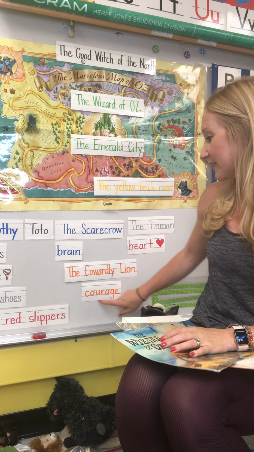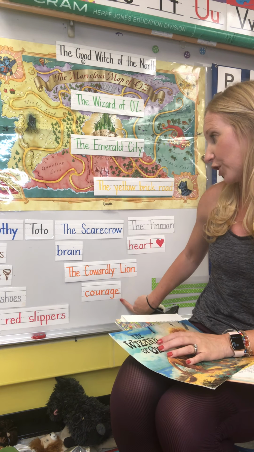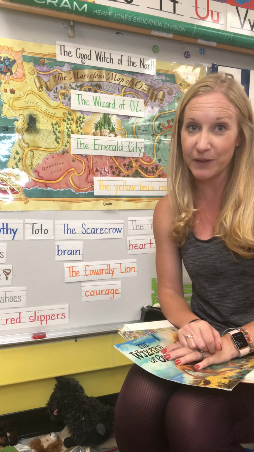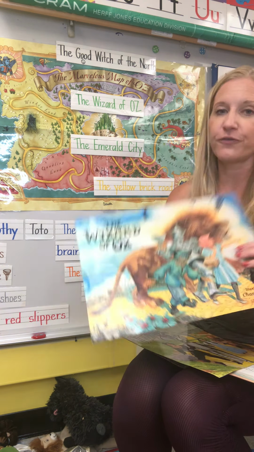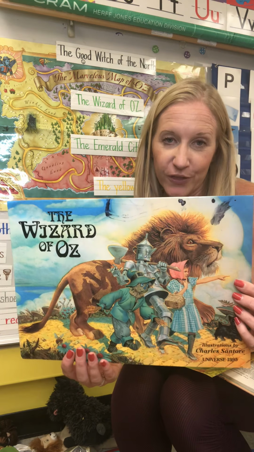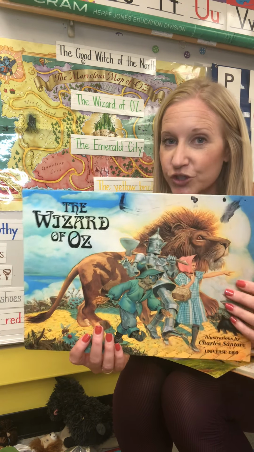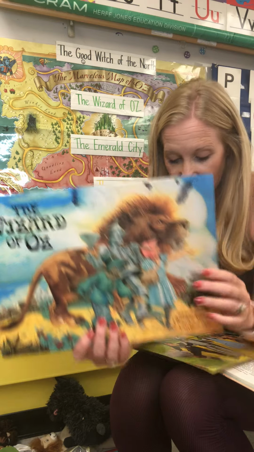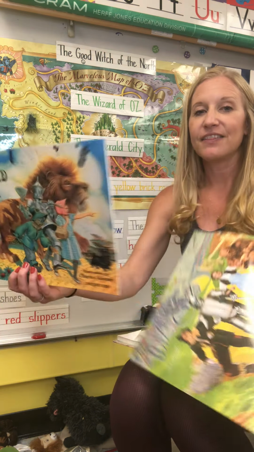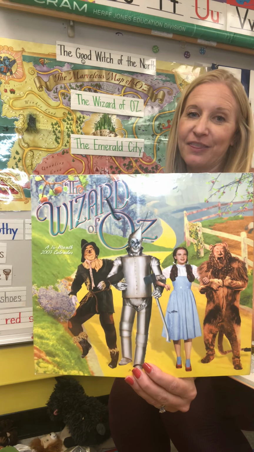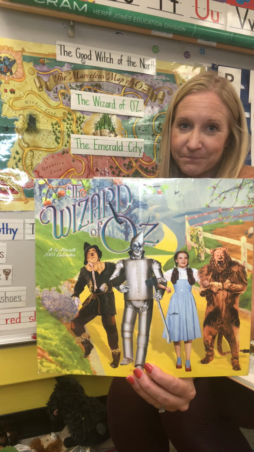And the Cowardly Lion is going to go and ask for courage because he wants to be brave. So we now have our 4 comrades, as they call themselves in the story, which also means friends. And this is what they look like in the book. And this is what they look like in the most amazing movie.